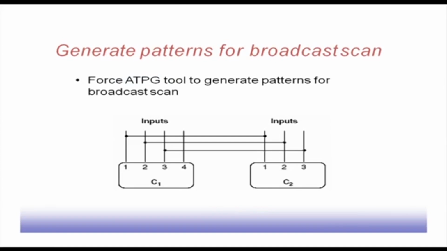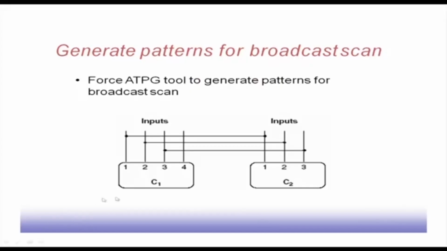So, how can we do this? How can we tell the ATPG to generate patterns which are the same for both circuits? What is done here is that the circuit that we give to the ATPG is a bit modified. C1 and C2 are two circuits. If you give the ATPG the circuits C1 and C2 separately, it will generate patterns specific for C1 and specific for C2, so it is very much possible that the patterns are not similar.